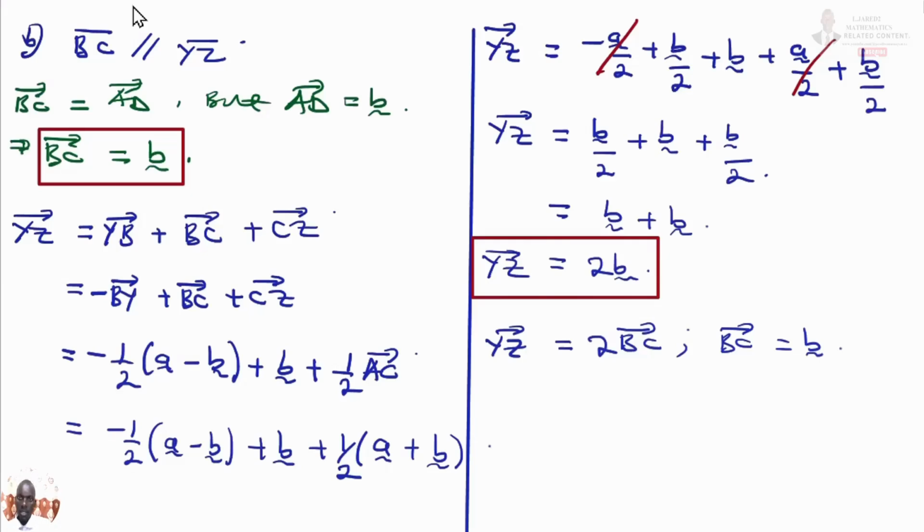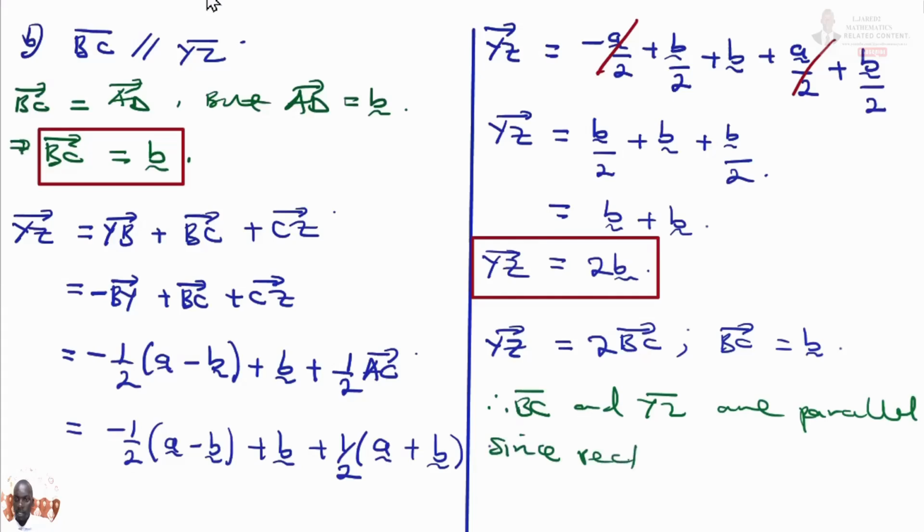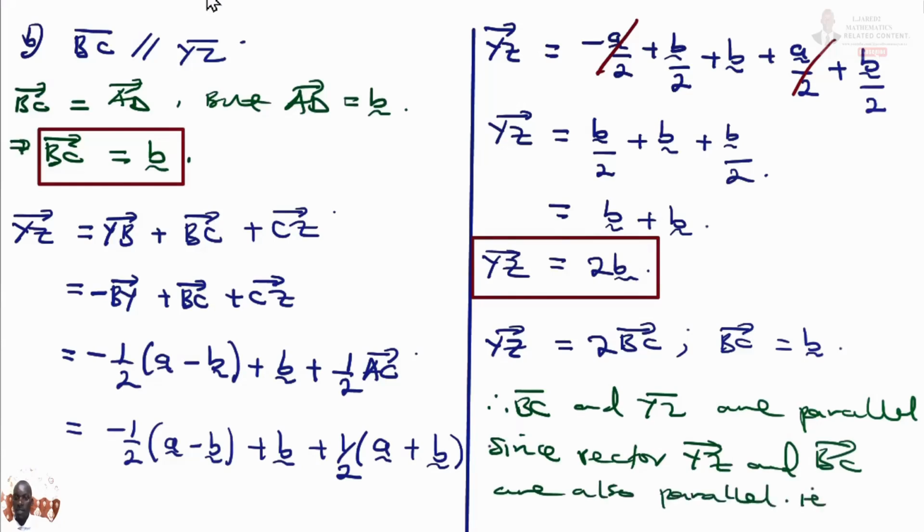We can conclude and say that therefore the line BC and line YZ are parallel, since vectors YZ and BC are parallel, i.e. we have seen that vector YZ equals twice vector BC.